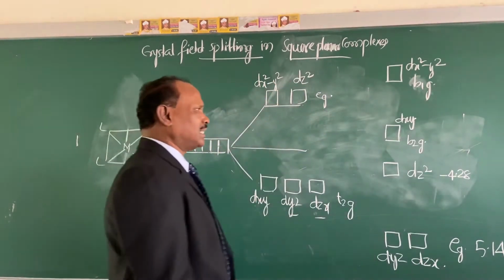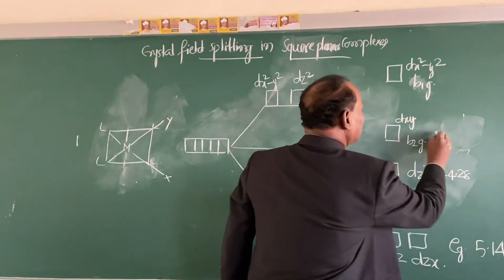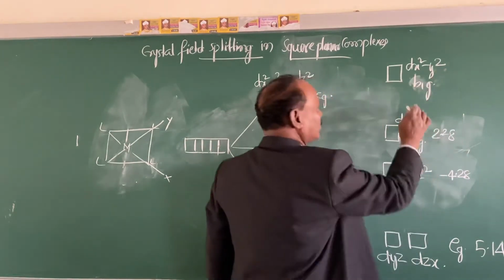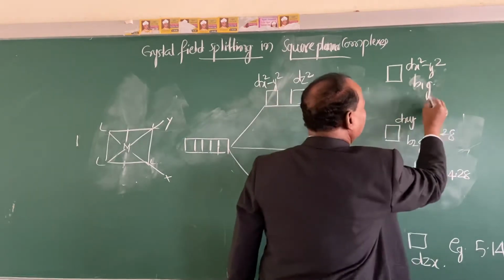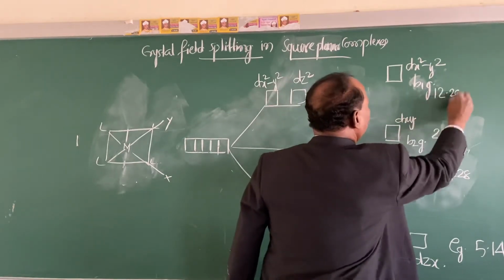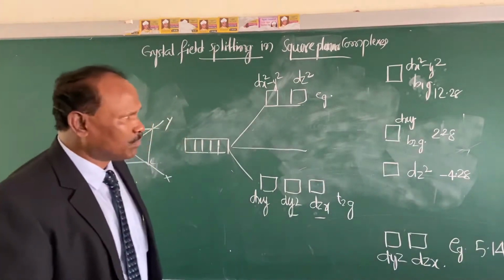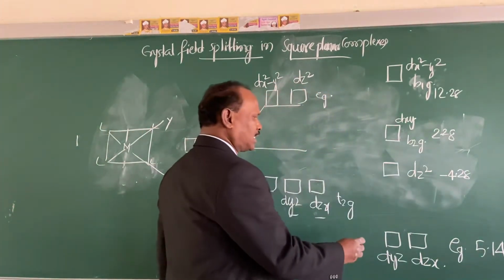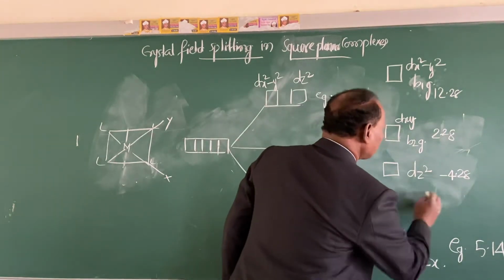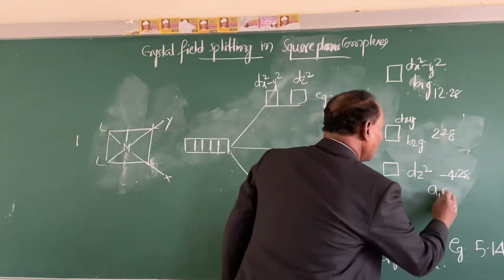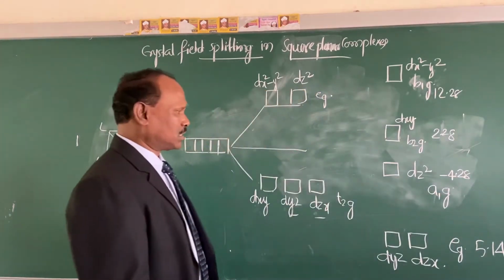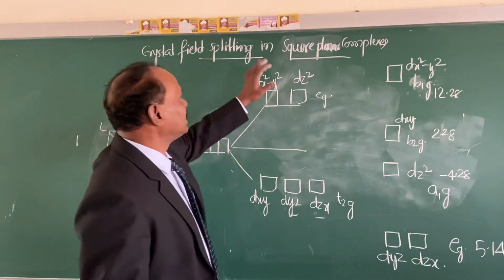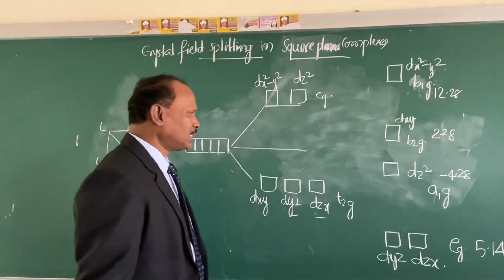Its energy is 2.28 Dq. And dx square minus y square, in other words B1g orbital, energy is 12.28 Dq, and the dz square orbital is represented as A1g orbital. So this is how the crystal field splitting occurs in case of the square planar complexes.